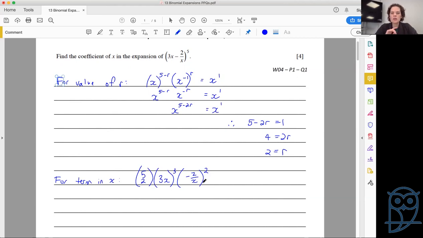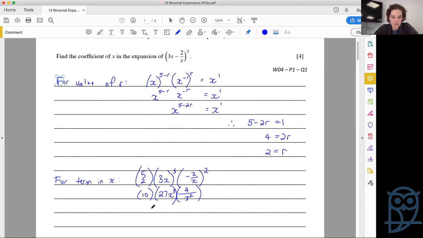And remember, it's always worthwhile to take a step just to simplify each of these elements separately before combining them all. So 5C2 gives us 10. 3 cubed is 27, x cubed is x cubed. Minus 2 squared is 4 and over x squared. And there we can see our little magic starting to happen. So x cubed divided by x squared gives us x, as we had hoped. So we are looking for 10 times 27 times 4.